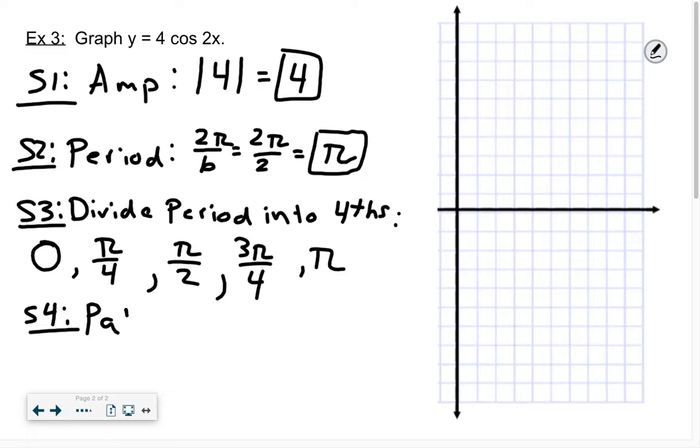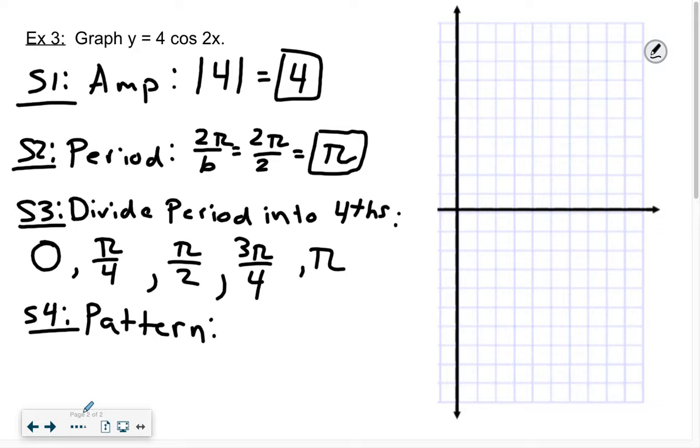And for step number 4, we need to determine what pattern we're looking at. Okay, cosine. We said at the beginning cosine starts where? Min or max, very good. Now again, think of your slope. If this is a positive 4, which one of the two do you think it is? Well, it's going to be your maximum value.